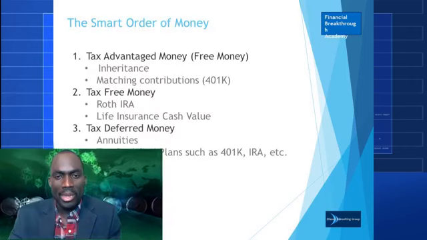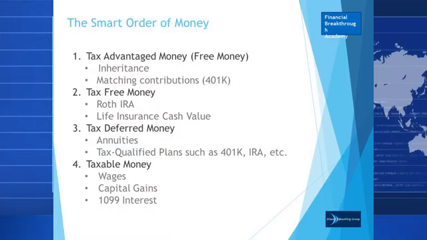Again, let me perhaps give you a rundown. The four main levels of smart order start with your tax advantage money. That's literally free money. Okay, it goes next to your tax-free money. That could be your Roth IRAs, life insurance cash value.